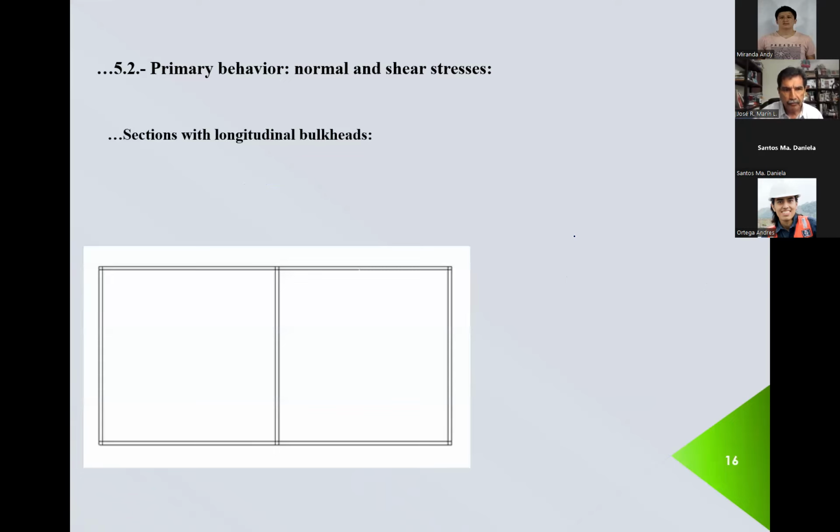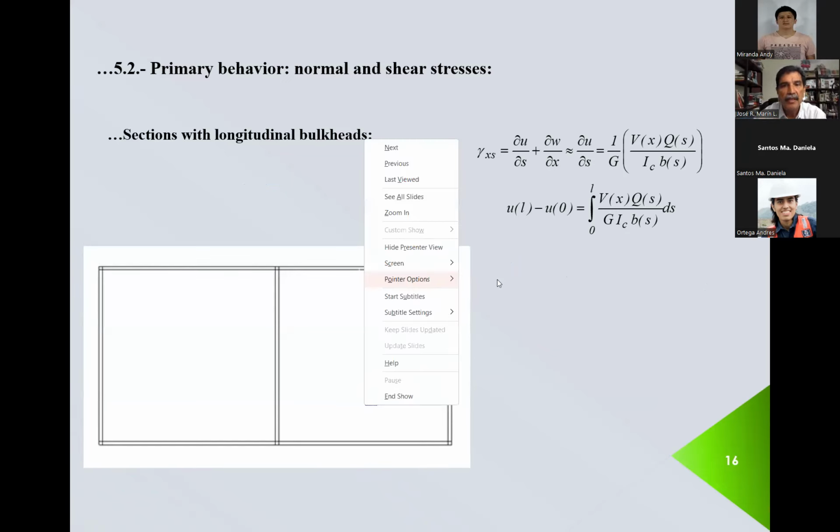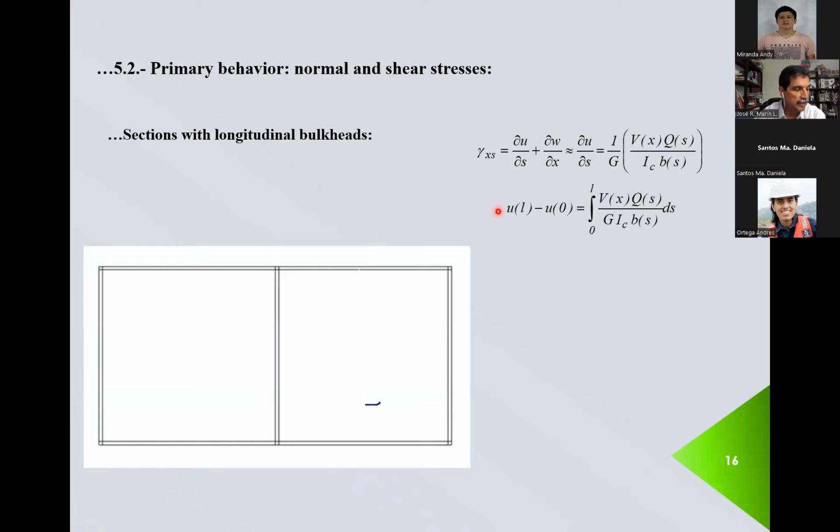Okay. Now, let's suppose we have something like this. This is what we need. I think we deduced this relation at the end of chapter 2, specifically because I was thinking on using this in this chapter.